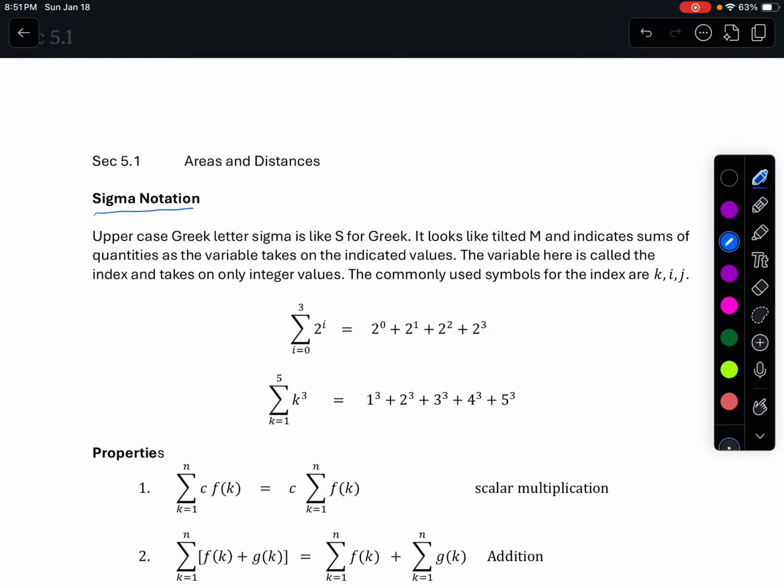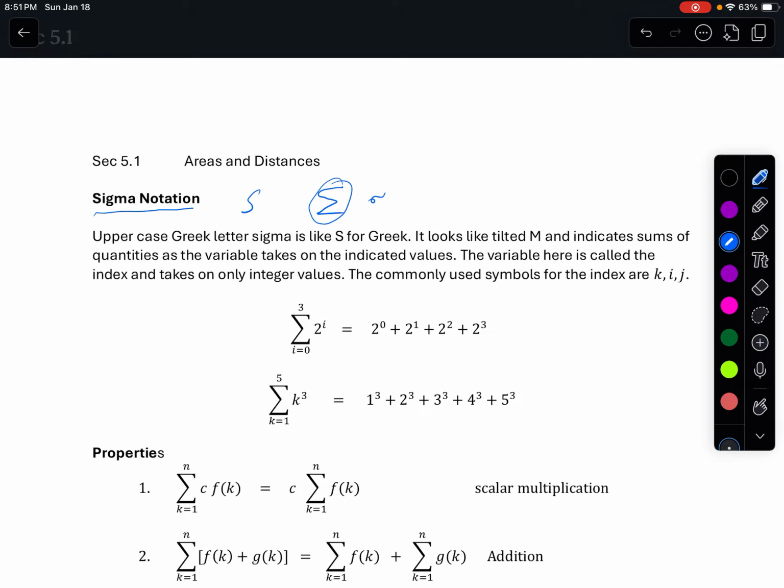Sigma is a letter which corresponds to the letter S in English, and sigma is a tilted M, like this. This is uppercase sigma. Lowercase sigma looks different and is used for other stuff, but this sigma we use for summation, where we want a bunch of things to be added together.